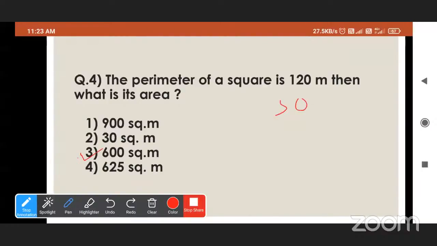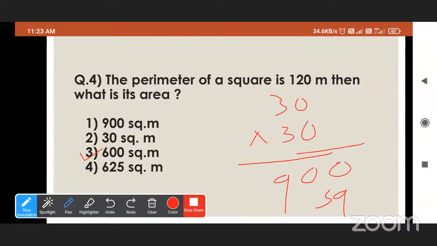30 multiplied by 30. So we will write 0 as it is. Then 3 threes are 9, so 900. Which option is correct: 600 square meters or 900 square meters?